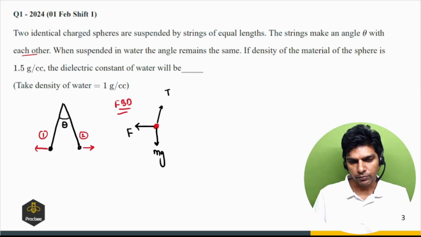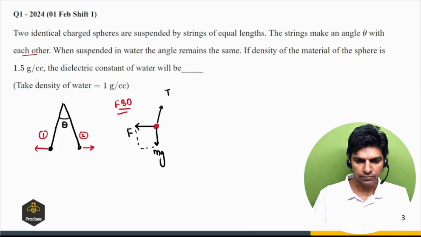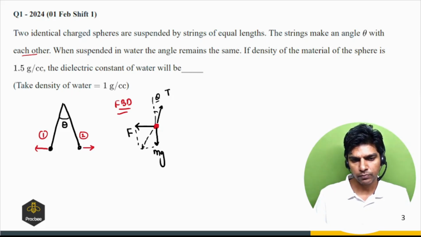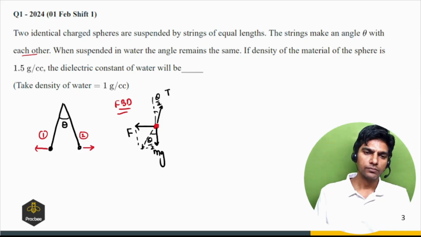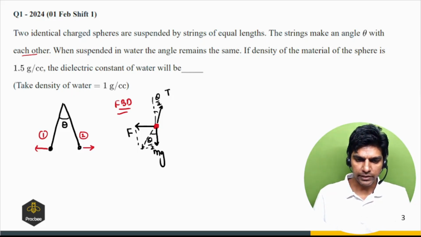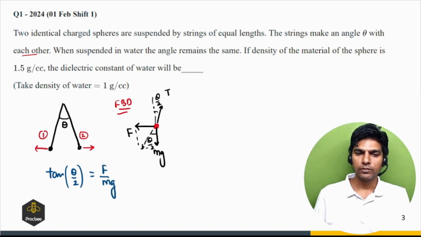Now this tension must be opposite to the resultant of F and mg. So if this angle with the vertical is theta by 2, then this angle is also theta by 2. Now from this right angle triangle, we can say tan theta by 2 is equal to F divided by mg. Okay.